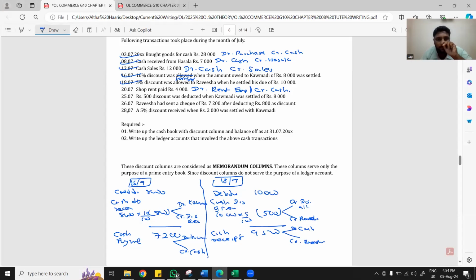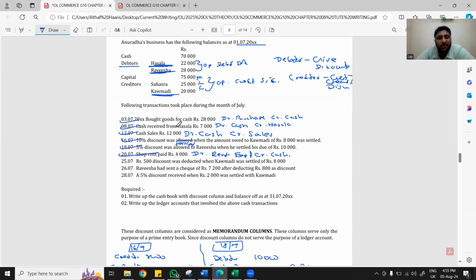Next one. 500 discount was deducted when Kaumadi was settled 8,000. So Kaumadi is a creditor. Creditor means we will make the payments to creditors. When we are making the payment, she has given us a 500 discount.